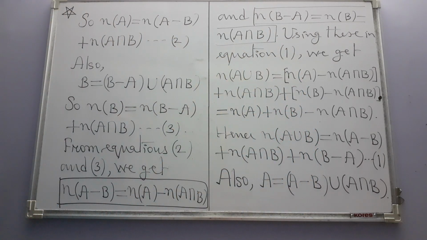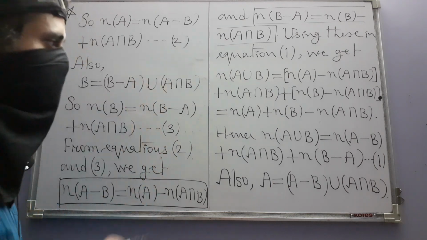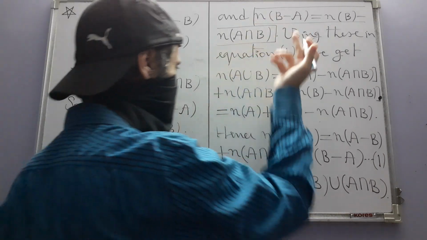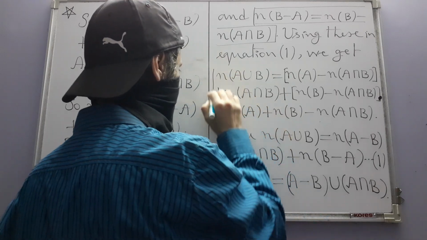The number of elements in B difference A is n(B) minus n(A intersection B). Let us also remember this. This one or this one along with this one.